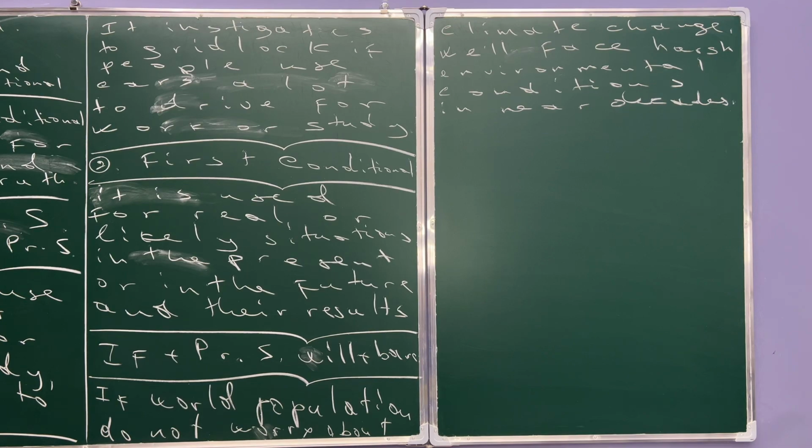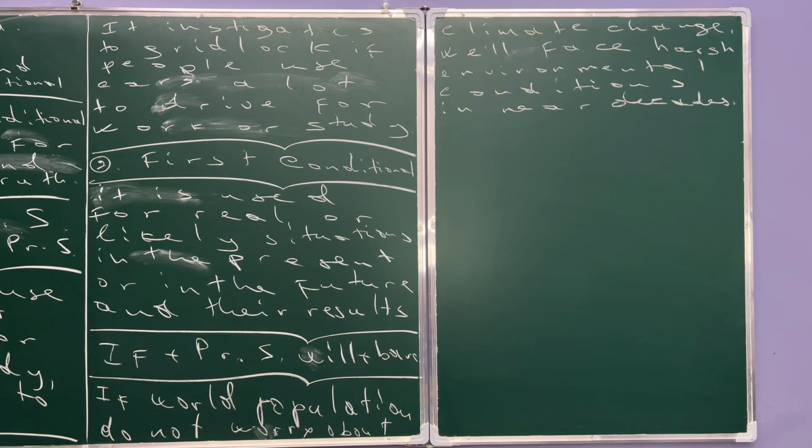Could you translate the sentence? If world population don't worry about climate change, will face harsh environmental conditions in near decades. It means that we should do something to stop or to lessen the negative effects of the climate change. If we don't do, there will be many dangers, many injuries, problems for ourselves in the future.